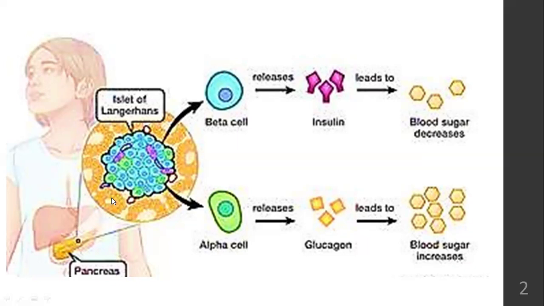They release glucagon and increase the blood sugar level. When you go into a state of hypoglycemia, when your blood sugar level rapidly falls, glucagon is secreted that will increase the blood sugar level. Glucagon usually will also enable the liver to carry out gluconeogenesis, because of which the blood sugar level increases.